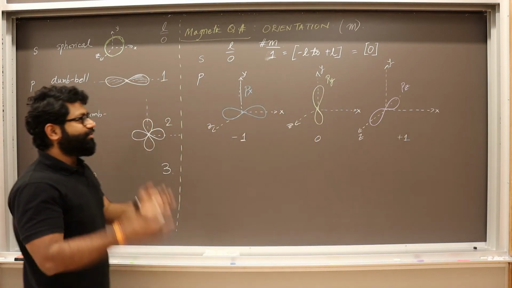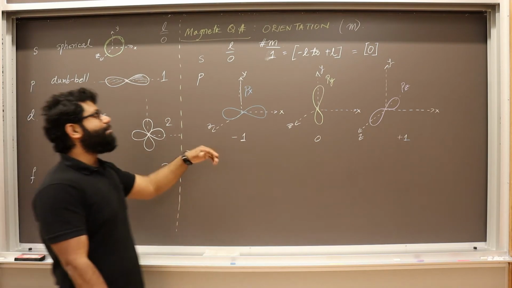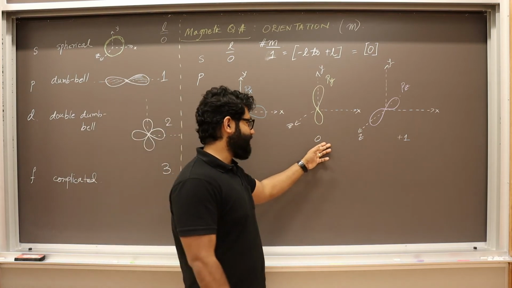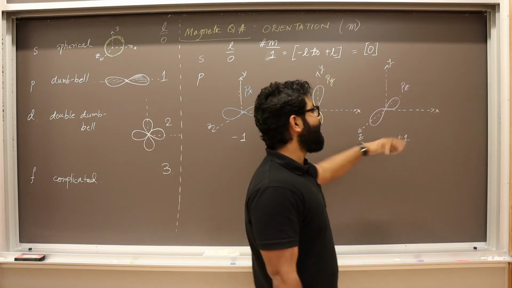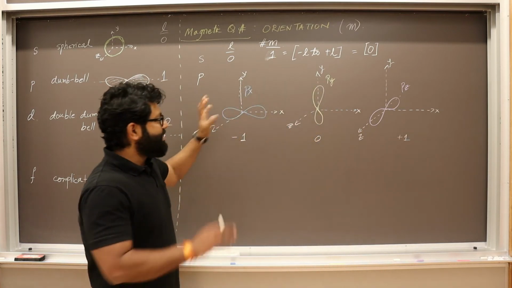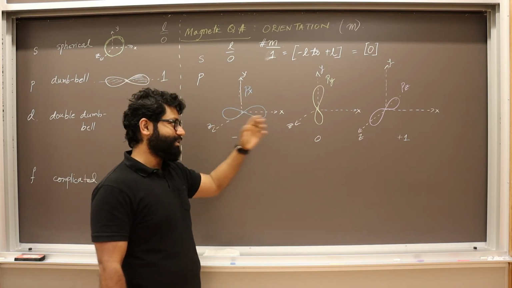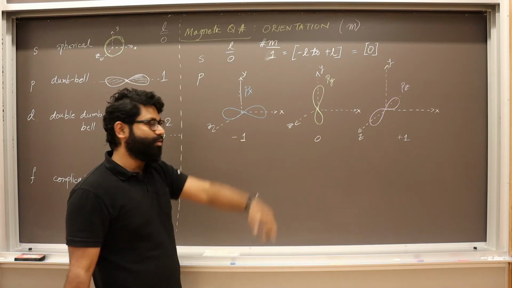So, there are 3 orientations possible, and what are those 3 orientations? A minus 1 orientation, which is the px, a 0 orientation, the py, and the plus 1 orientation, the pz. Now, it's just a name. It is not necessarily that px is minus 1, and it cannot be 0 or 1. It can be anything. It's just a way of representing minus 1, 0, and 1.